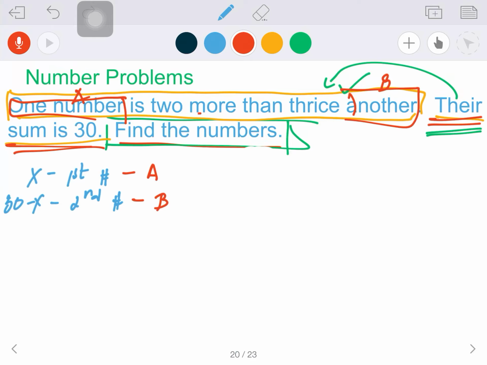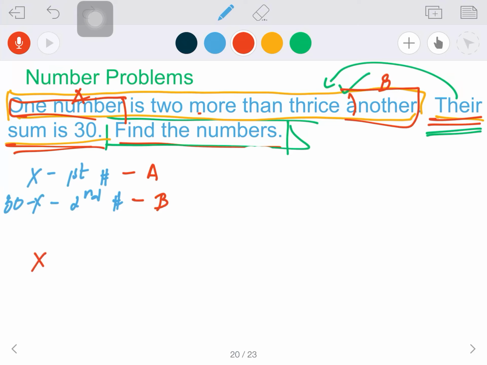So we are now going to relate, and while relating, we proceed right away to the equation. It says one number, and since you pegged this as A, you write x.